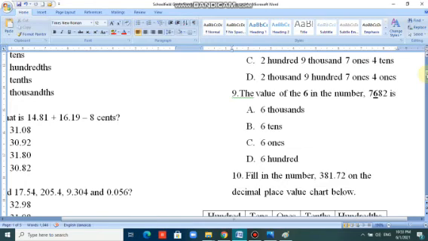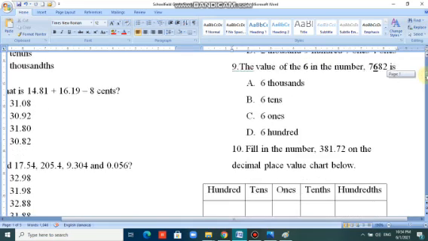The value of the 6 in the number 7,682 is... Alright, I'm hearing D, and D is indeed correct because it's 7,600. So D is the answer because D is 600. All right?